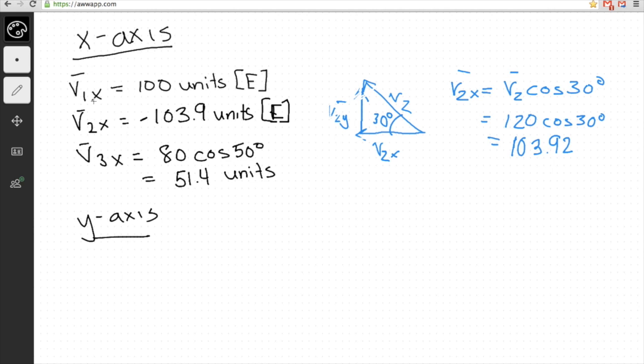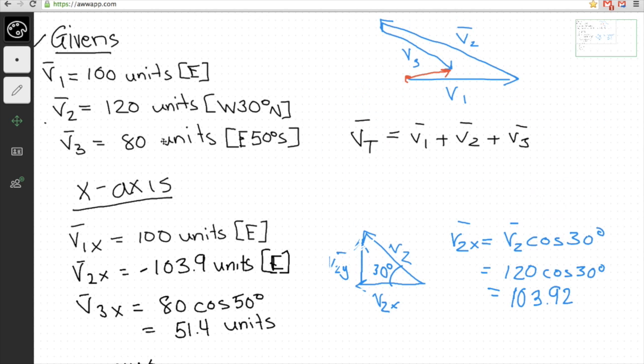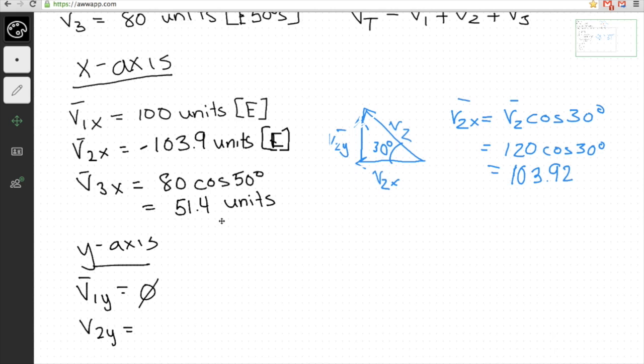So for the first vector, it doesn't have a y component. So that's going to be 0. For the second one, if you recall, that vector is going up. So we just have to recall that that's going to be going north. So the way that we calculate that is we take 120 and it will be sine 30 instead of cos.